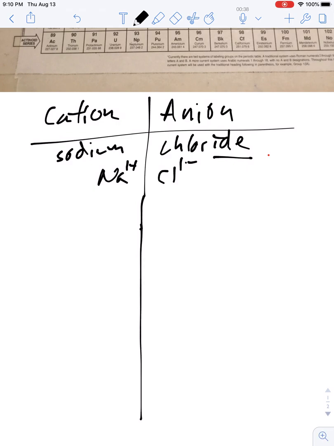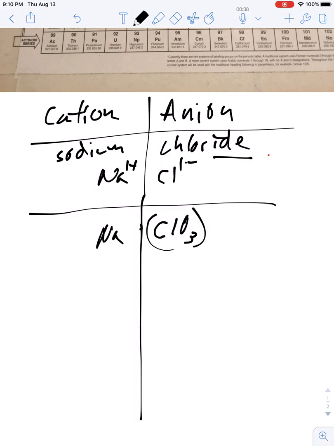But what if we saw something like this, where it was NaClO3? Now the ClO3 has a -1 charge, the Na has a +1 charge. How do I know that the ClO3 has a -1 charge? You looked that up on the internet, or on your Appendix A that I'll be handing out.